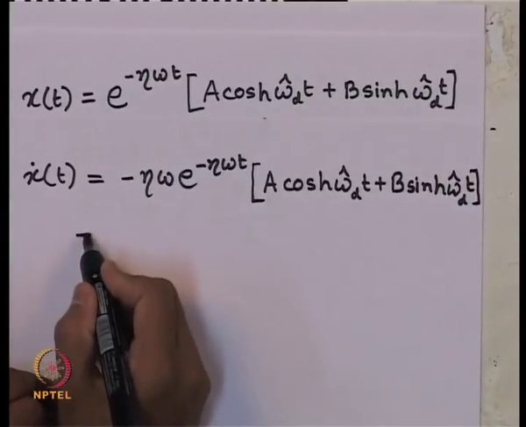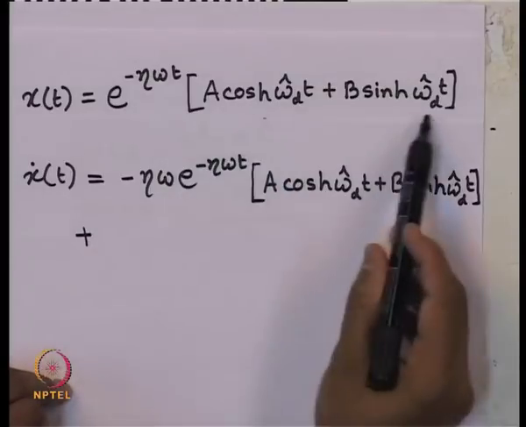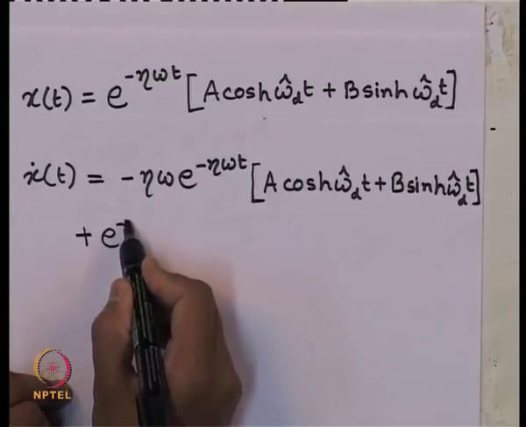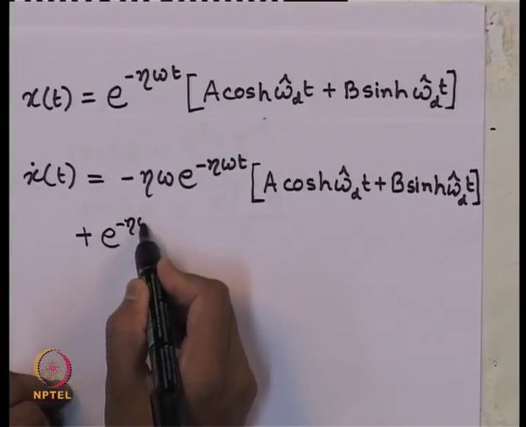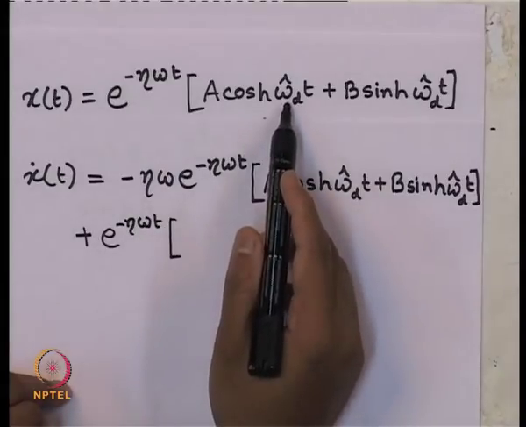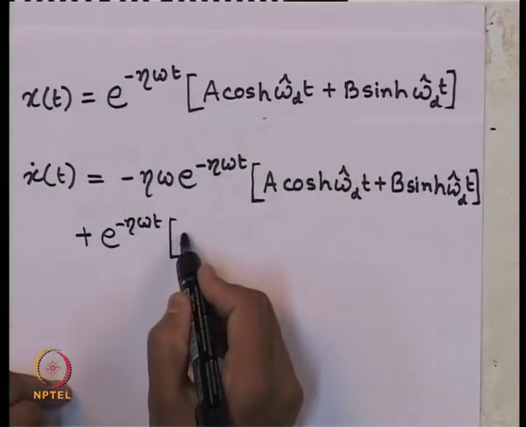plus, now we need to differentiate this part. So, this remains as it is, e raised to minus eta omega t. Now, this factor comes out.